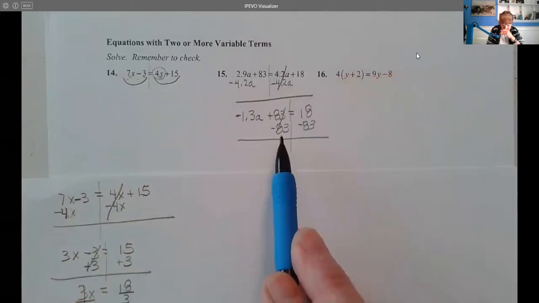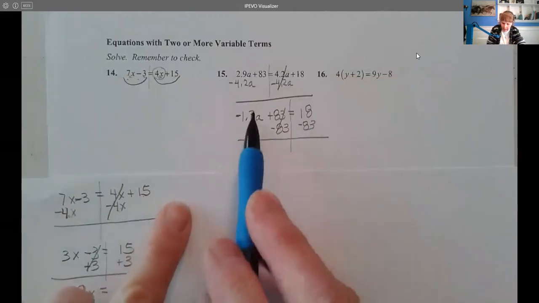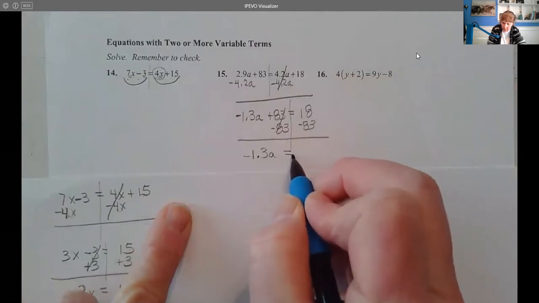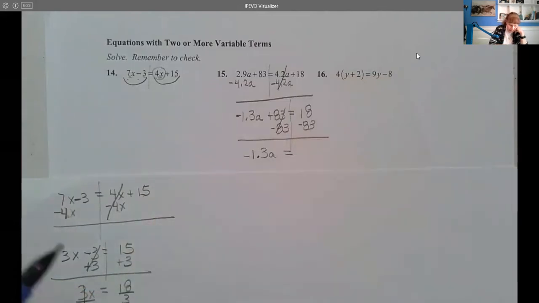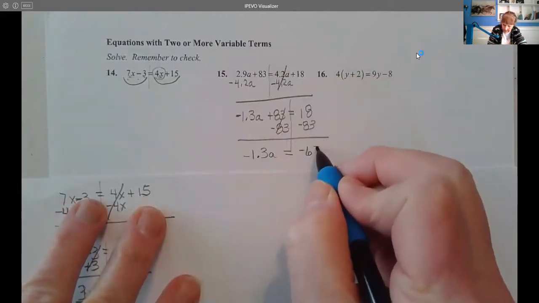So I subtract 83, subtract 83. So we have negative 1.3a equals 18 minus or plus a negative 83. Either use a subtraction or plus a negative. Negative 65.